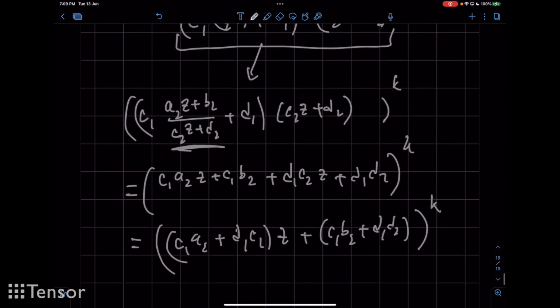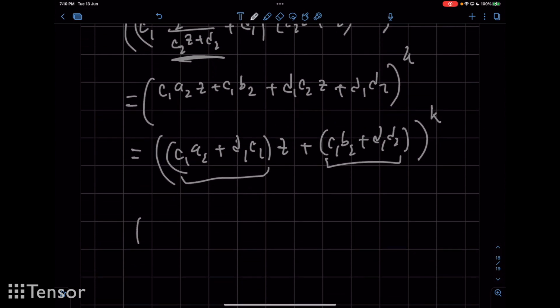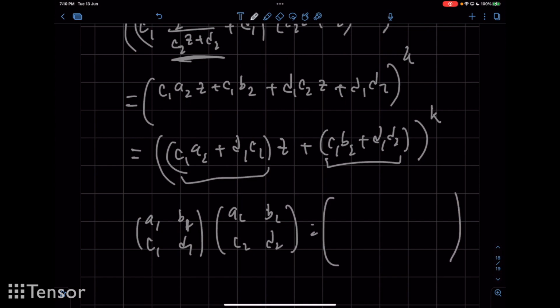Now we have to verify that these two are indeed the elements of the second row of gamma 1 times gamma 2. So let us compute gamma 1 times gamma 2: A1, B1, C1, D1 times A2, B2, C2, D2. We don't need to worry about the first row here; we just need the second row.